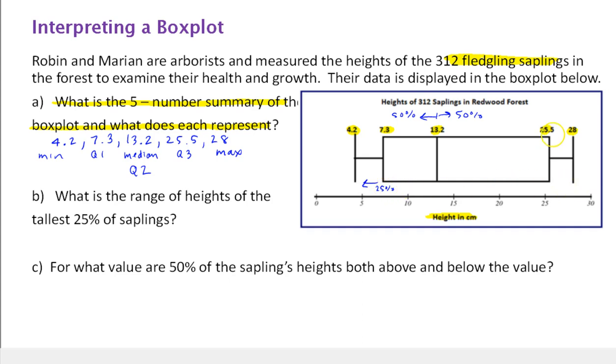And here at 25.5, that's the third quartile, and that means 75% of the data is to the left of this value. So these values are the medians of the halves. If we look at the median and the minimum value, the first quartile is halfway between the two. Now it doesn't look halfway, but remember what we mean by halfway is the number of data points.